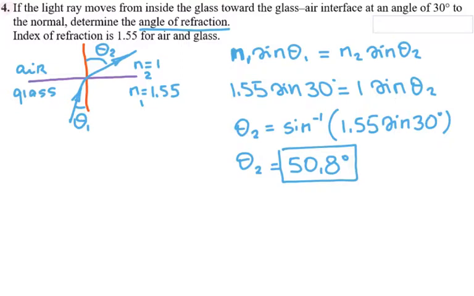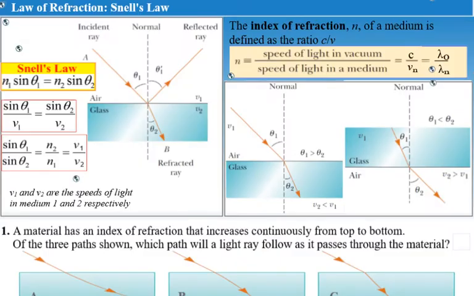If my 1 becomes glass and my 2 becomes air, I have Snell's law, then I plug in the index of refraction for the glass, the sine of the incident angle, and then the index of refraction for the air, which is 1, and I'm looking for theta 2, which comes to be 50.8 degrees.